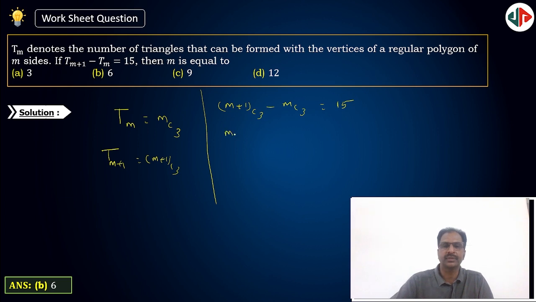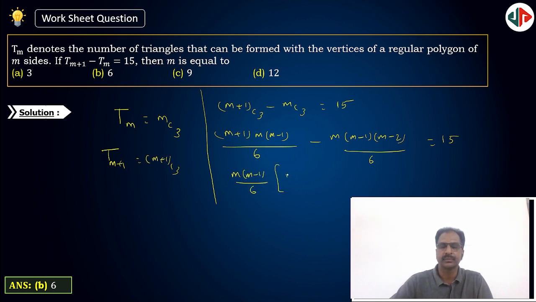What is M plus 1 C3? M plus 1 into M into M minus 1 by 3 factorial. MC3 is M into M minus 1 into M minus 2 by 3 factorial. So what is common? M into M minus 1 by 6 is common. Then you get M plus 1 minus M minus 2.